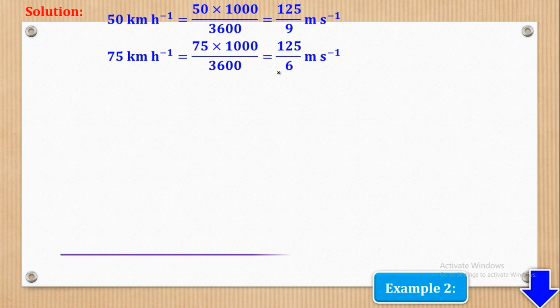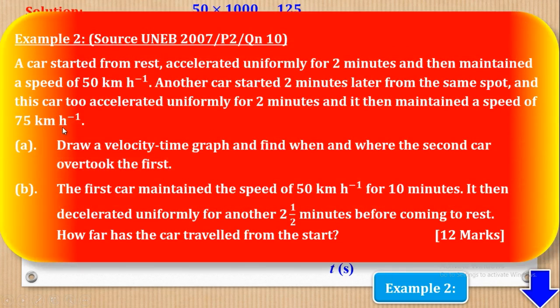So now that I've converted, I can now come and draw my velocity time graph, where time is in seconds and velocity is in meters per second. So I'll start with the first case. The first case says that a car started from rest, accelerated uniformly for 2 minutes.